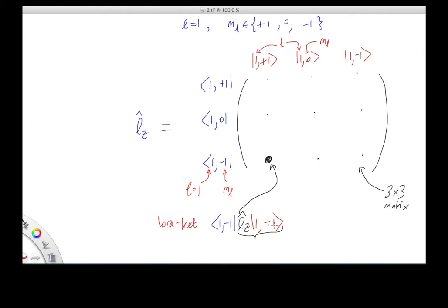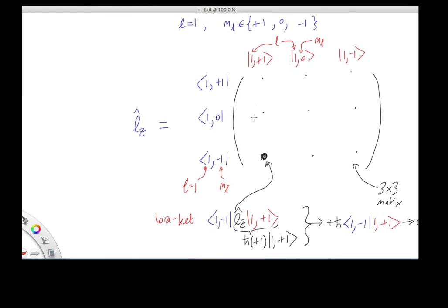The ket 1 plus 1 is an eigenstate of the operator Lz with eigenvalue h bar times the ml value, which in this case is plus 1. So those last 2 terms evaluate simply to h bar times the number plus 1 times the ket. If we put that together we would get the number plus h bar and then the bracket between 1 minus 1 and the ket 1 plus 1. Now from the Kronecker delta property, from the orthonormality, we know that the bracket between 2 different states is 0. So this element evaluates to 0.